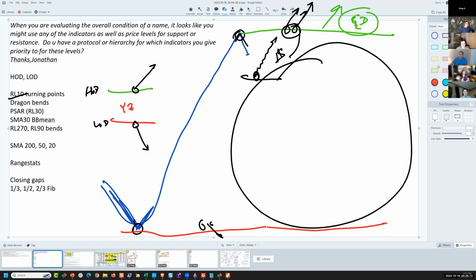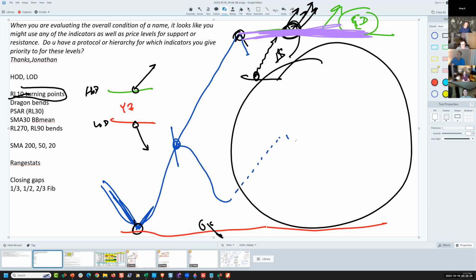So the RL10 turning point is not only a key indicator for a break of resistance, it also acts as a price target so that if price opened here and then sold off and then started to go, maybe with a couple cotta twos, and I can get some kind of MMRB down here, and I can get this entry.